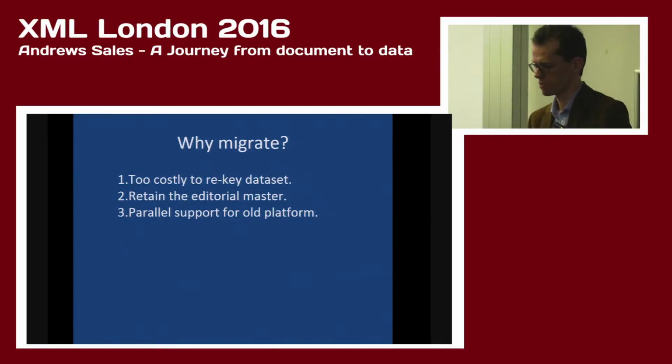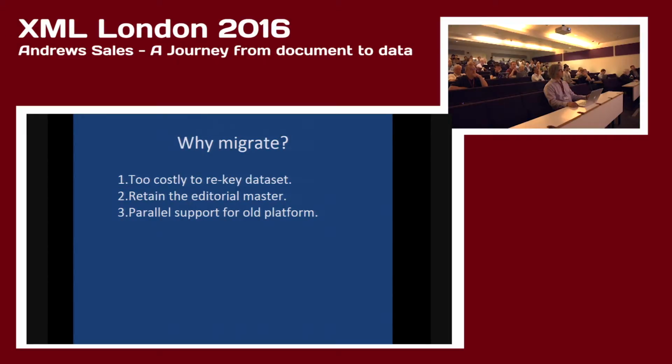So we resolved to keep the editorial master and XML format in-house and produce what the database needed from that. And the third issue is that parallel support was needed for the old platform, so we still needed to generate the full text version, which didn't have all this nice new functionality.